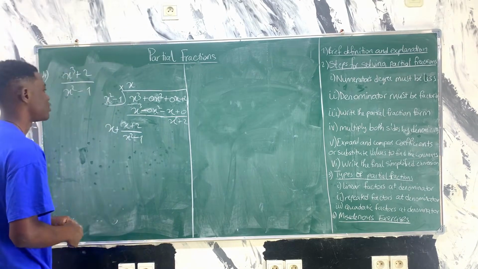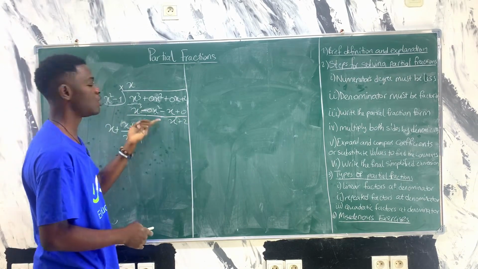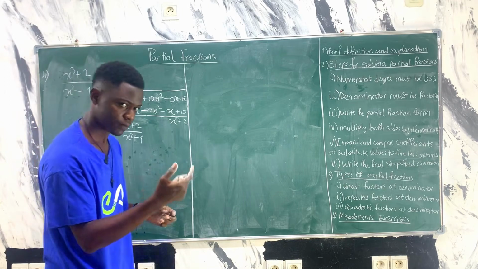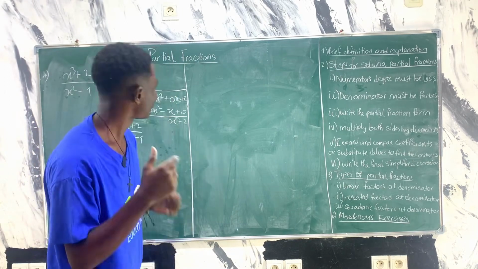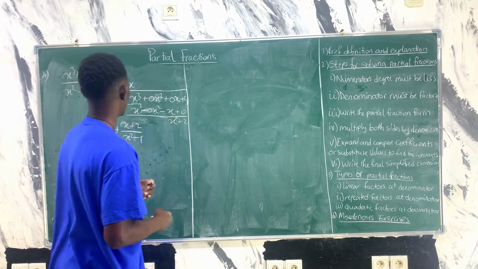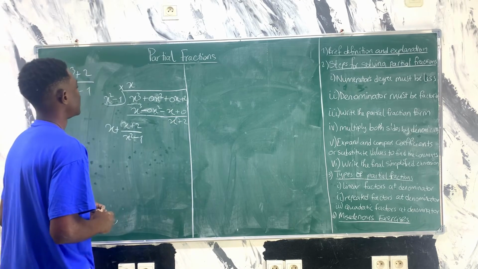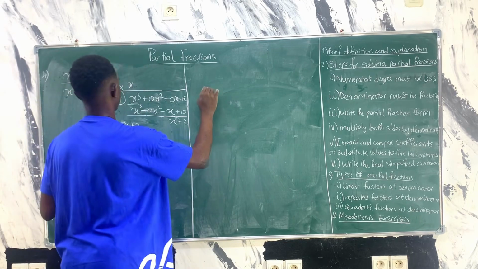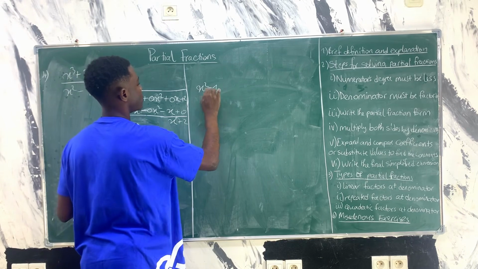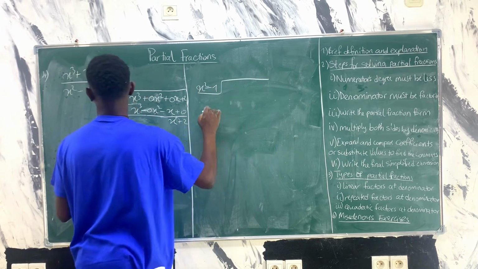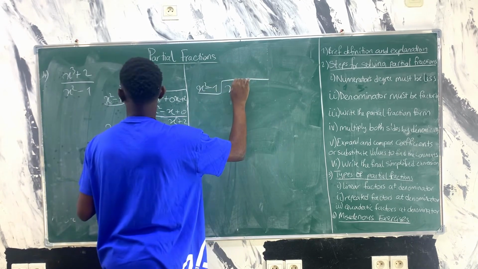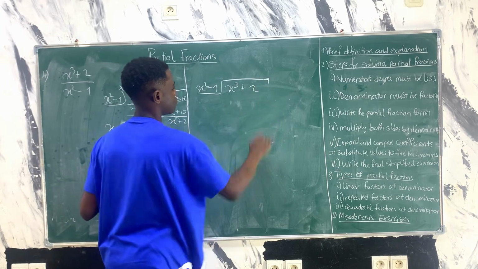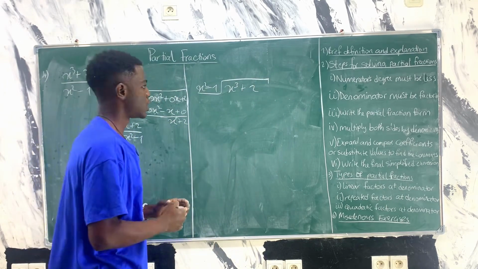Okay, for those who have difficulties again in solving the long division method, I'm going to break it down for you. So x squared minus 1 into x cubed plus 2. Understand where?